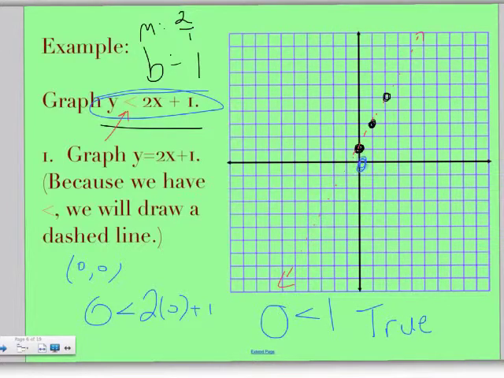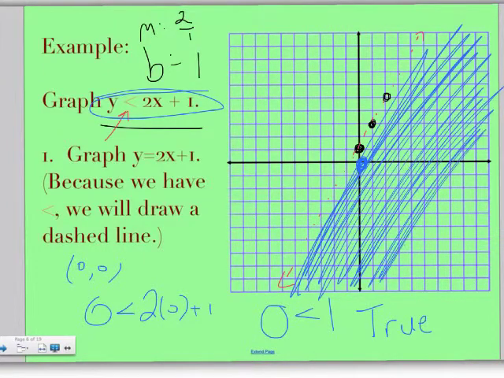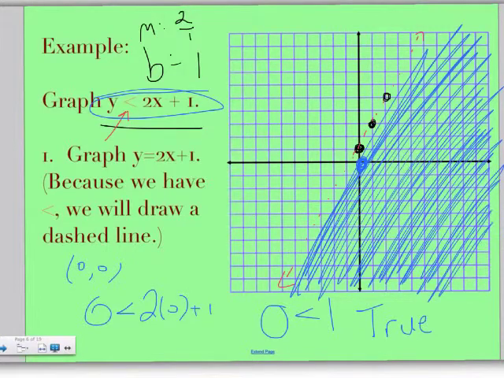Therefore, since 0, 0 lies on this side of the line, and it is a true statement, that means that I shade this side in, because what I want to do is shade in the side that is true. Because that indicates that every single point that lies in this entire region will hold true as a solution for this inequality. Let's try another problem.